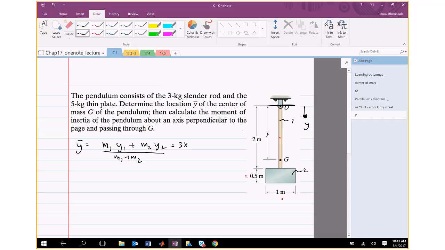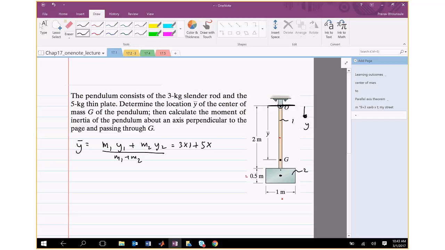It's right halfway of the 2 meters length of the rod, so it's 1, plus mass 2, the mass of the thin plate, that's 5 kilograms, times where is the center of mass of the plate? It's 2. 2 is the distance here plus this distance.